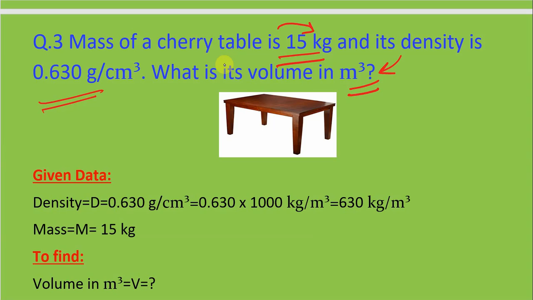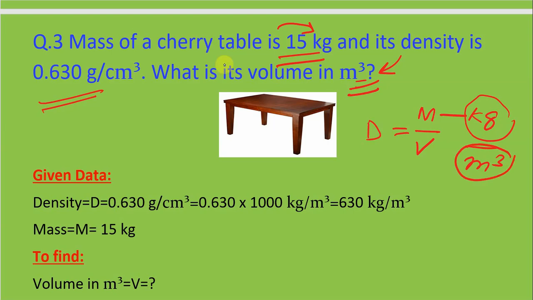So if we see here, unit of mass is in kg and volume they want in meter cube. So density should be in kilogram per meter cube. And the density they have given to us is not in kilogram per meter cube. So first we have to change the density in kilogram per meter cube. Then this question will become very easy.